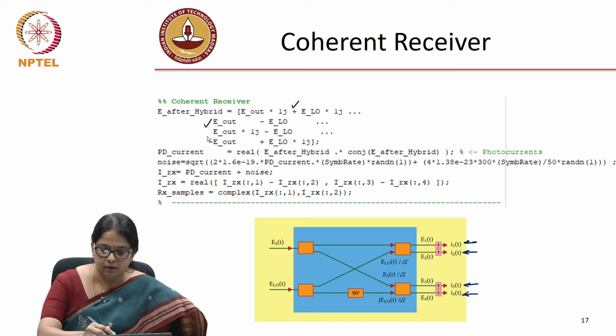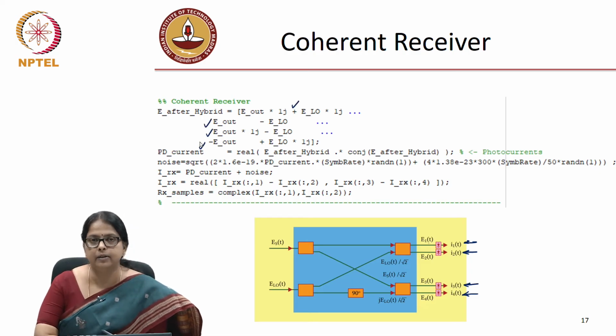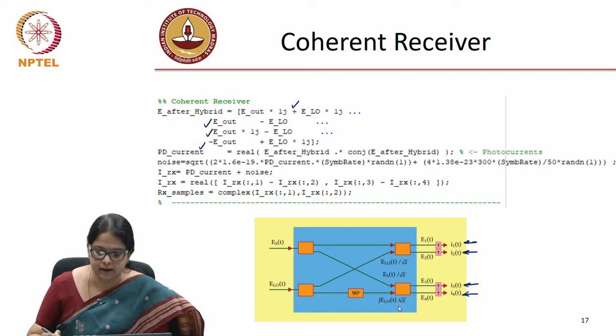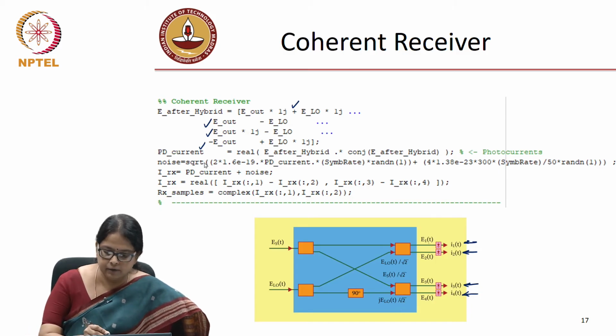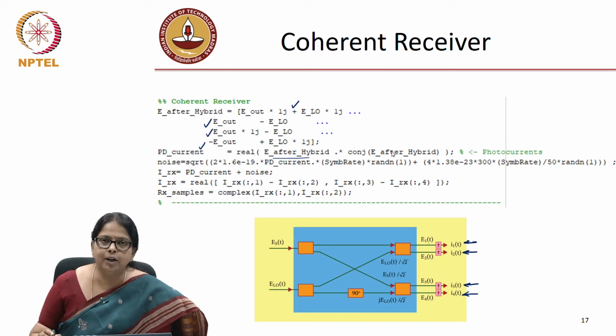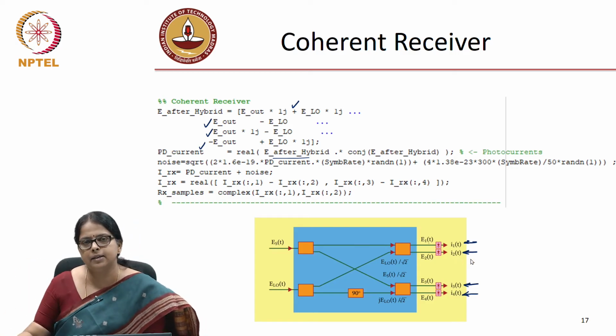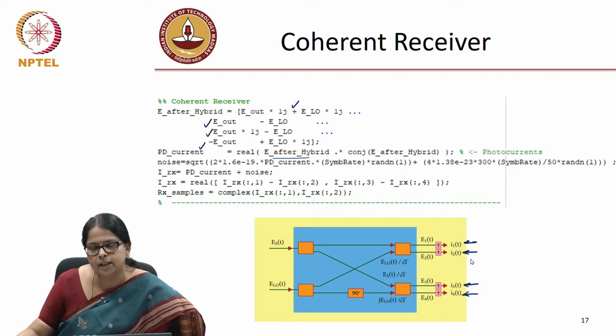So, these are the 4 electric fields after you get the hybrid, and the photodiode current is actually the real part of the electric field times its conjugate. And you also need to add noise to each of these photodiodes. So, again in receivers you have learnt about the shot noise and the thermal noise.